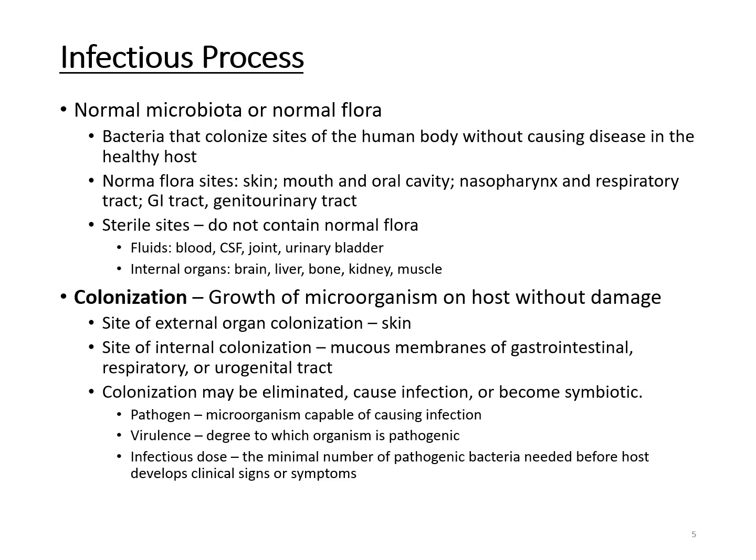These sites include fluids: blood, so there should be no organisms circulating within the blood, the spinal fluid, joint fluid, or the urine. You can get a urine specimen that has bacteria in it from cross-contamination from normal flora, but typically if you get it directly from the bladder, it's going to be sterile. It's not going to have any sort of bacteria in it.